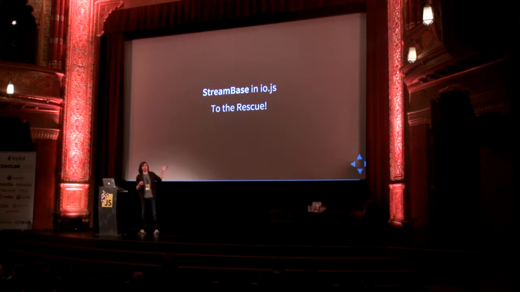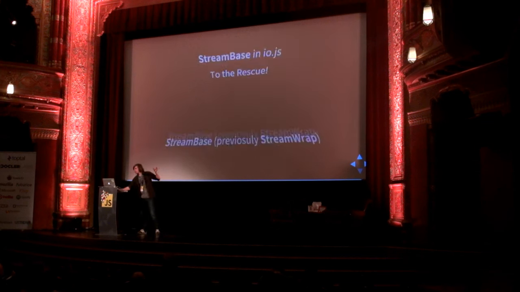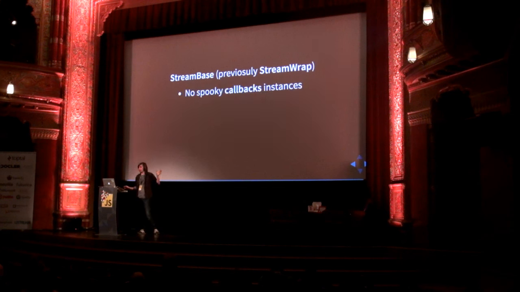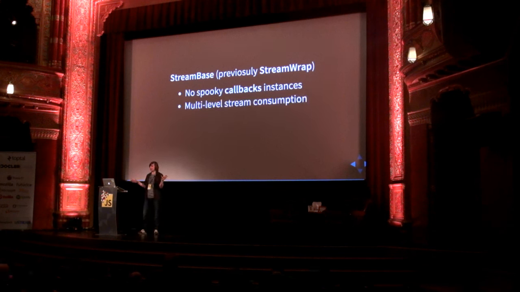It doesn't have spooky callback instances, so it's just one StreamBase class, and you could pipe its output or input to another StreamBase class, so it's really singular in some sense, which is much better than previously. So it supports multi-level consumption, so you could implement multiple protocols in C++ and pipe them together, or in StreamBase terminology, consume them.